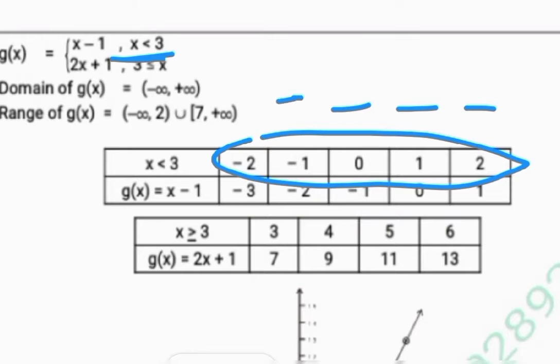You can continue and you can stop at -1 as well.